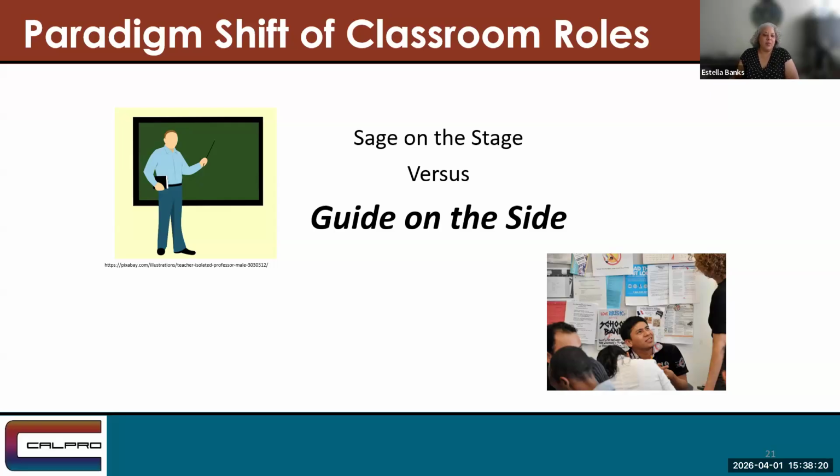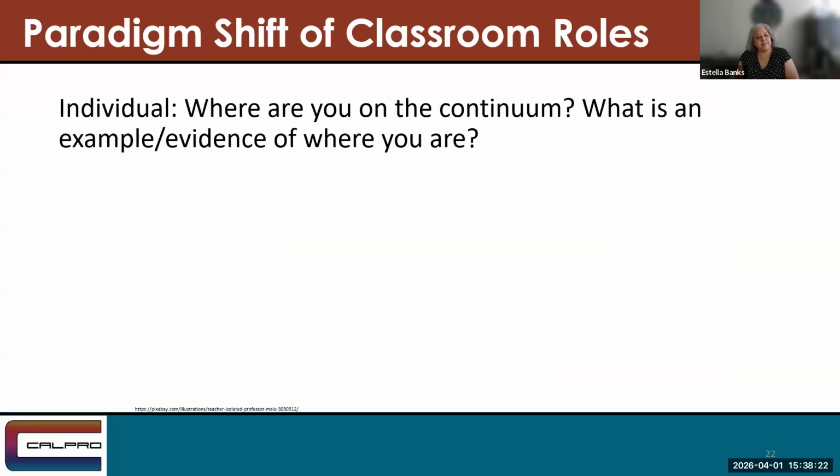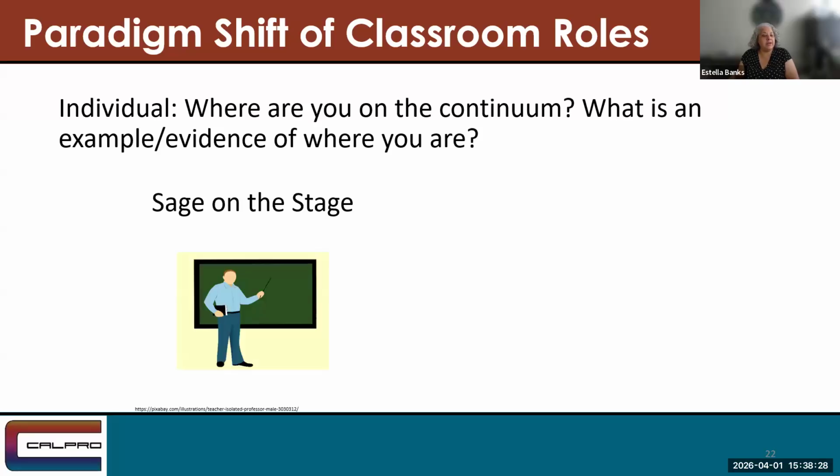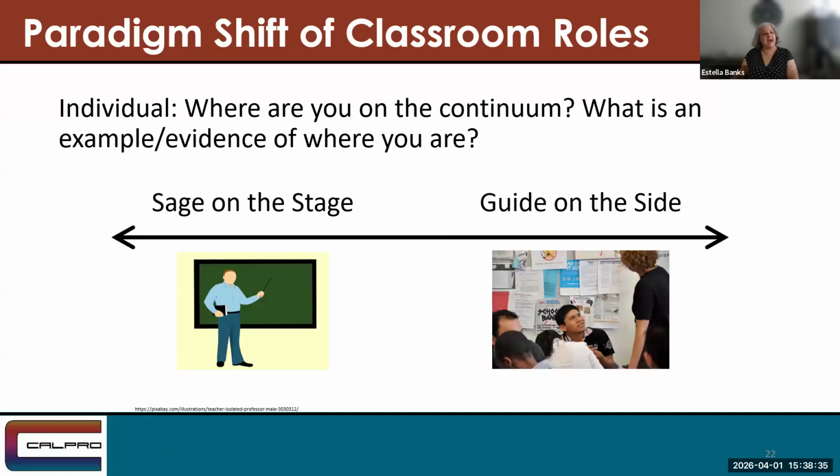So where are you on this continuum? And then thinking about that, what is an example of evidence of where you are? So we have the sage on the stage versus the guide on the side. Where do you fall on the continuum?